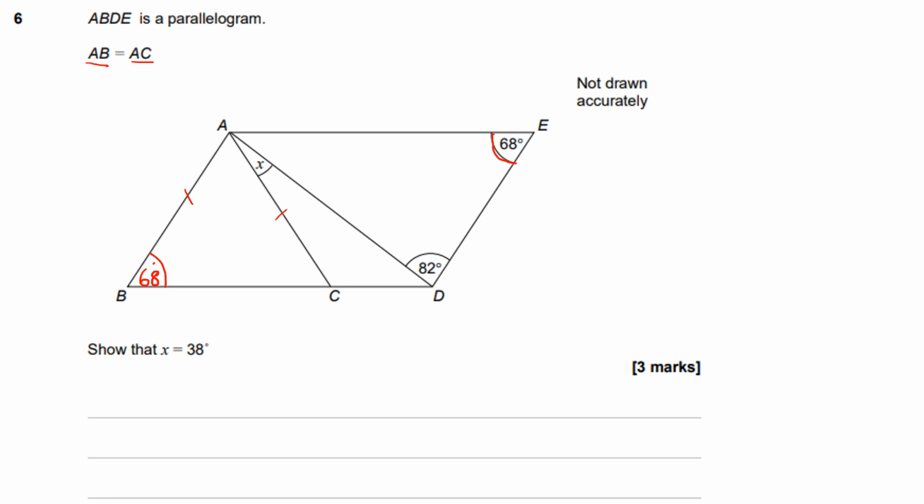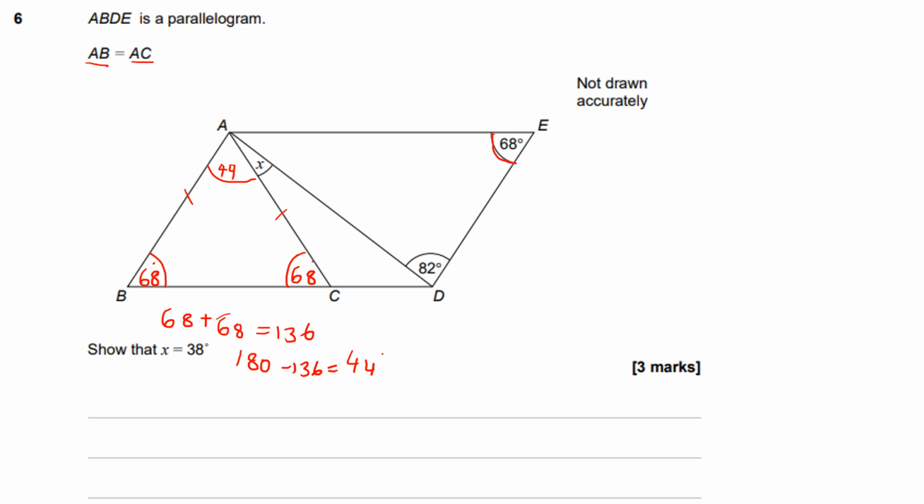So if this is 68, this is 68. So I know if I do 68 plus 68, it's going to give me 136, and if I take 136 away from 180, that is going to be 44. So this section is going to be 44.